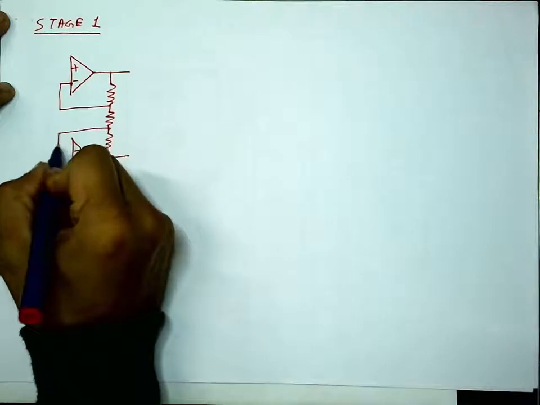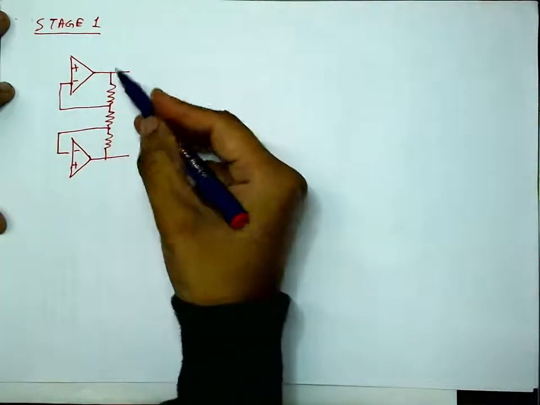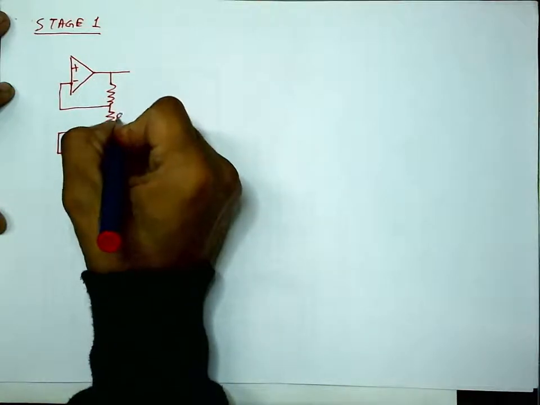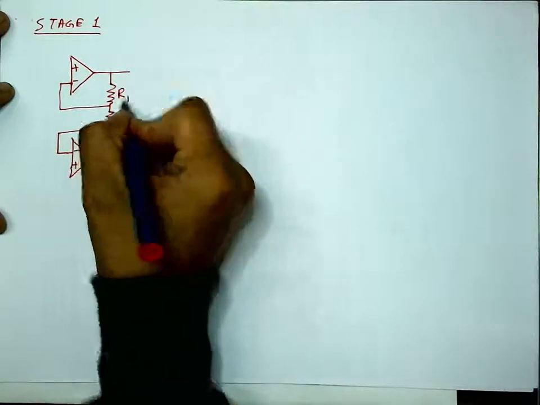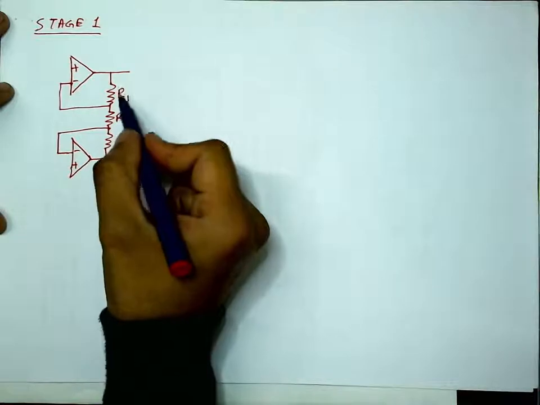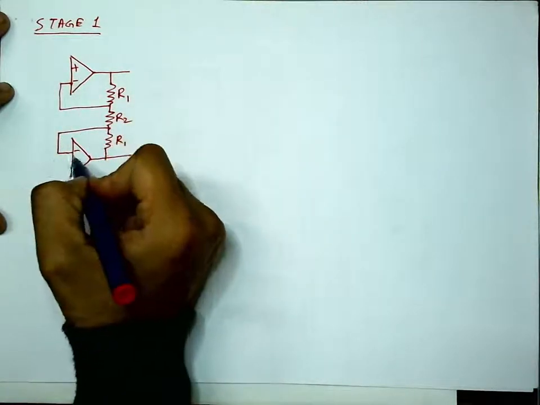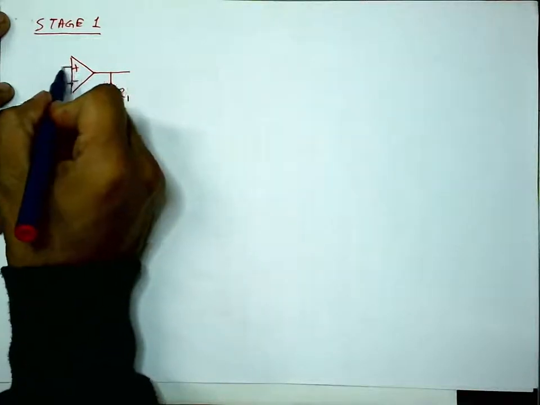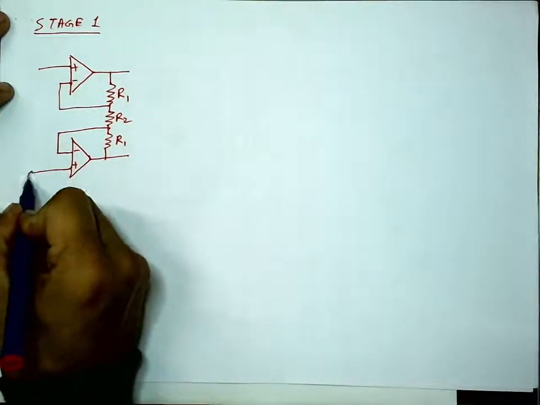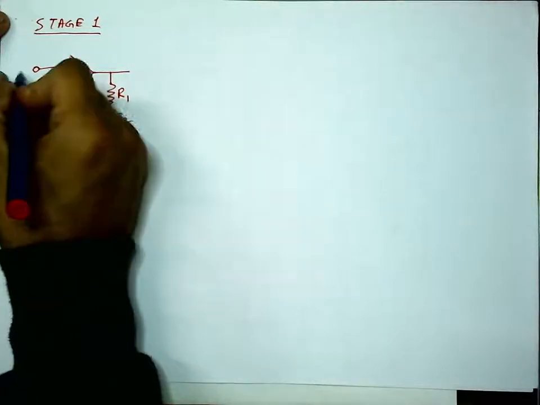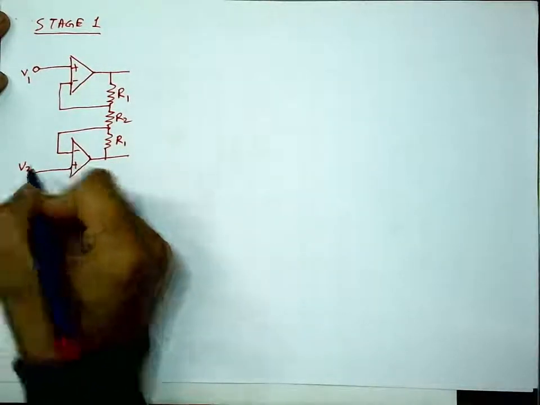So this is like a potential divider with three resistances. Let me call this R2. These two resistances are same, R1 and R1. From here I have the feedback, from here I have a feedback, and here from these two terminals I will have two inputs, call it V1 and V2.